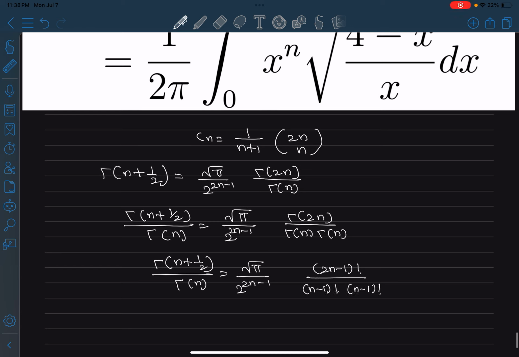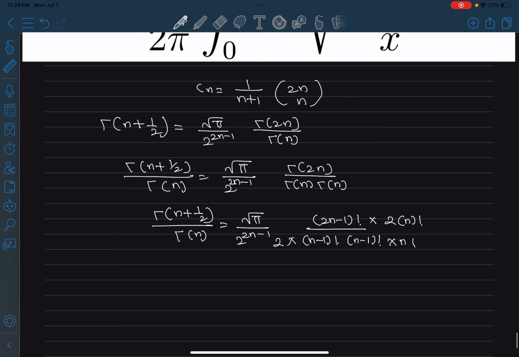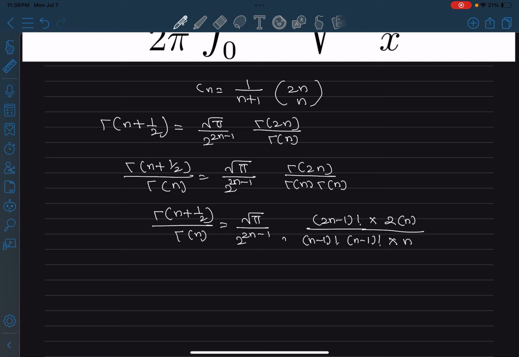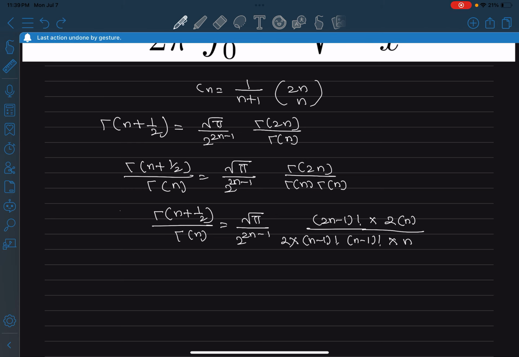Okay, so I'm going to multiply by 2 times n, and also over here n and 2. Wait, I'm doing the wrong thing. I'm just multiplying by 2n in the numerator, not by 2n factorial. By 2n in the numerator, and also n and then 2 in the denominator, right? And also by 1 over n on both sides.